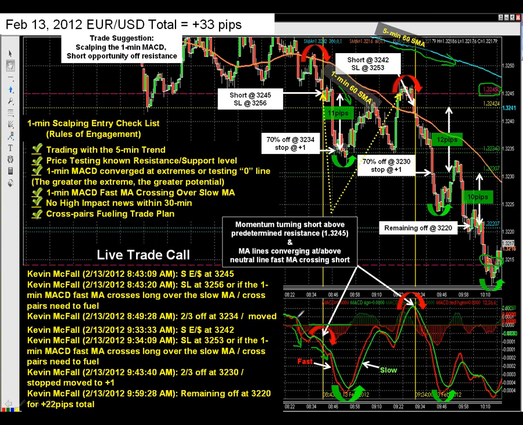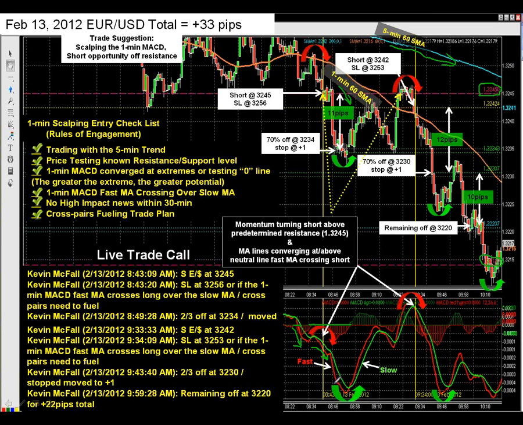Yep, we've already established that. The red line has already dropped below the green line, and we're starting to get divergence. And here again, they converged, getting divergence. This all happens as we're breaking through this resistance support level at 32.45. So this tells us that we have momentum to the short side.